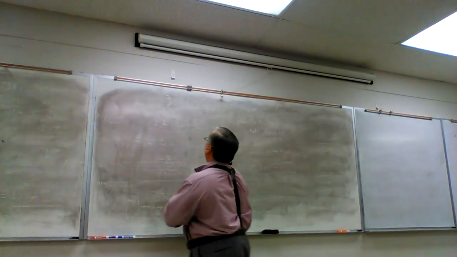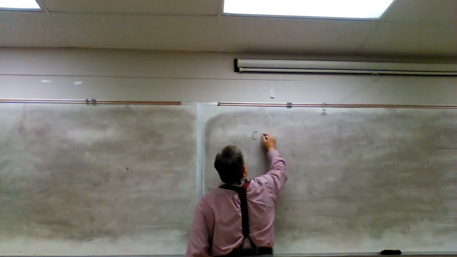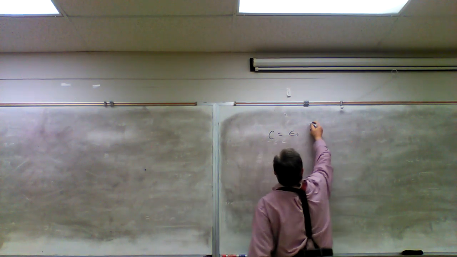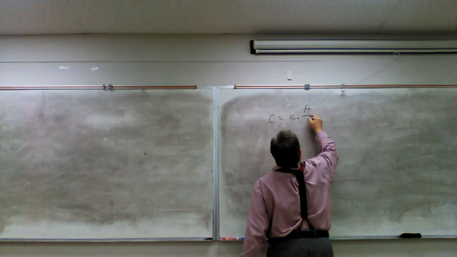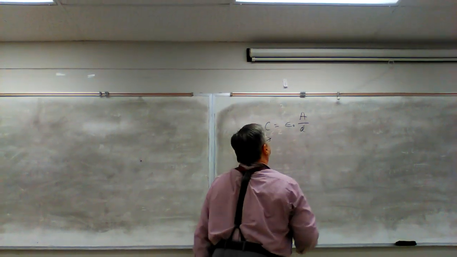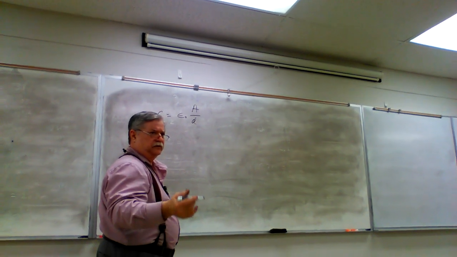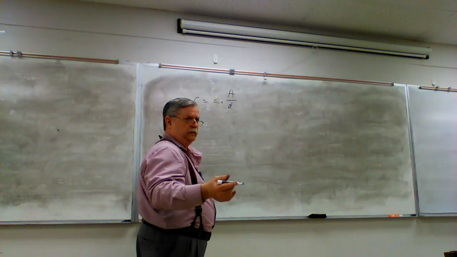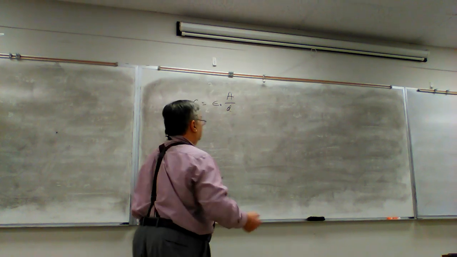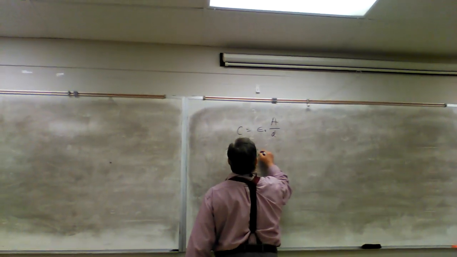So, capacitance equals epsilon sub naught times area over D. Epsilon sub naught is 9 times 10 to the minus 12, or 8.8. Okay, close enough.